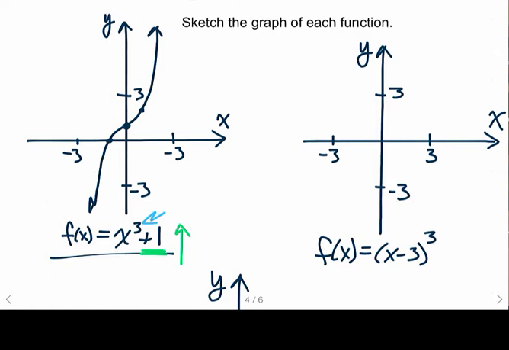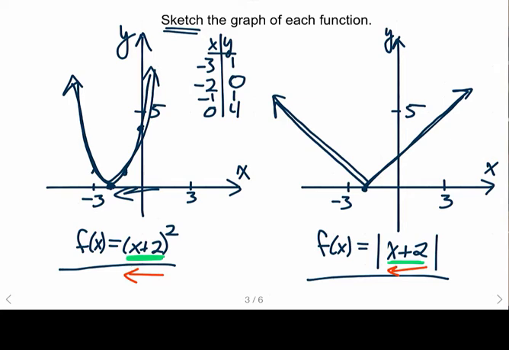See if you can use what you just saw and what you know to sketch the graph of f of x is equal to (x minus 3) quantity cubed. Okay, so cubed tells me the parent function, the shape, and then x minus 3, well, let's go back to the previous slide. When the argument was x plus 2, I moved to the left by 2 units.